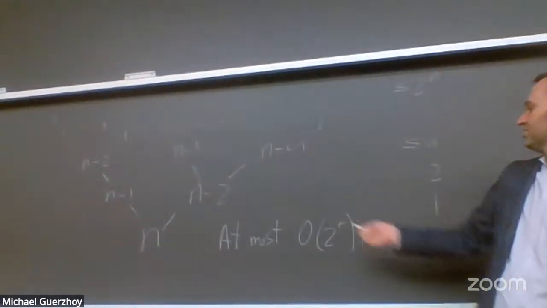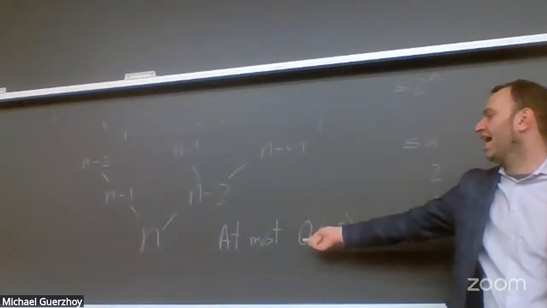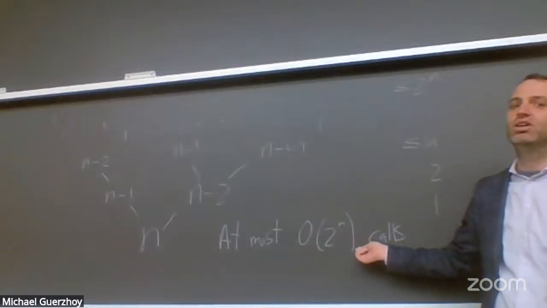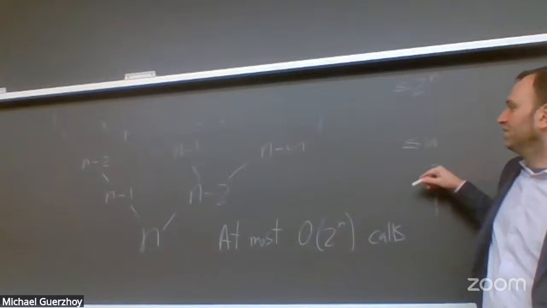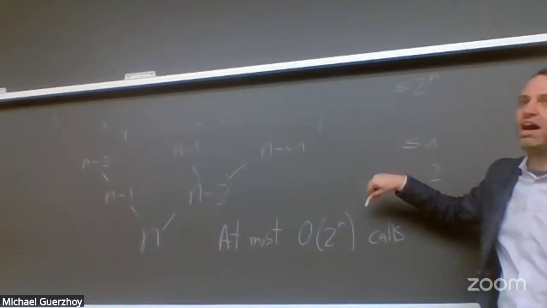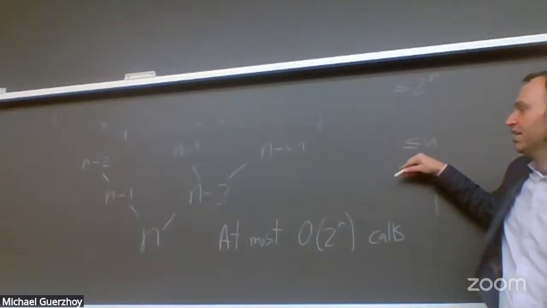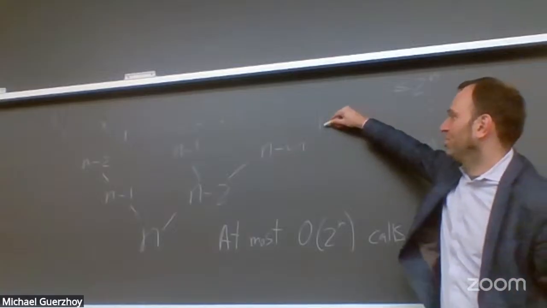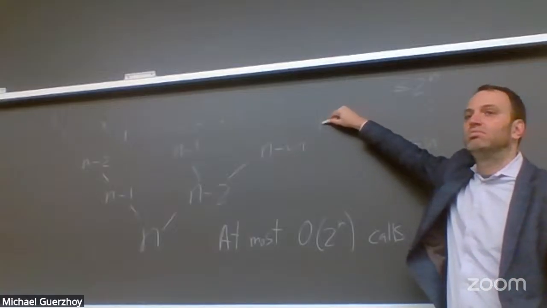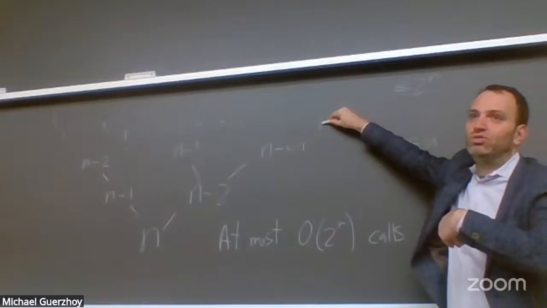So we can say this has at most this many calls. We can also ask, what's the lower bound? By the lower bound, I mean that if I just count up to the point where I get to here, that's going to be the lower bound of calls.